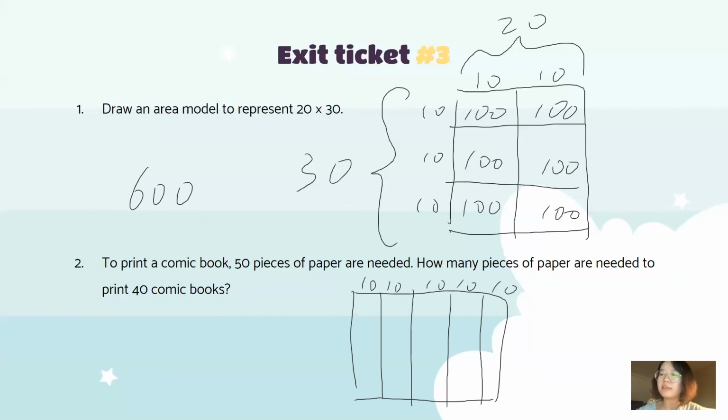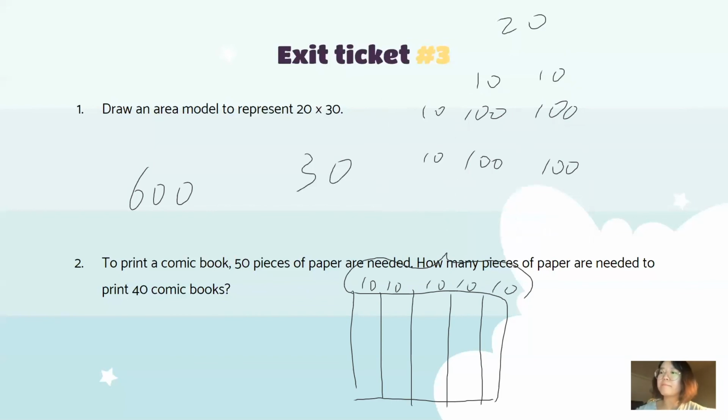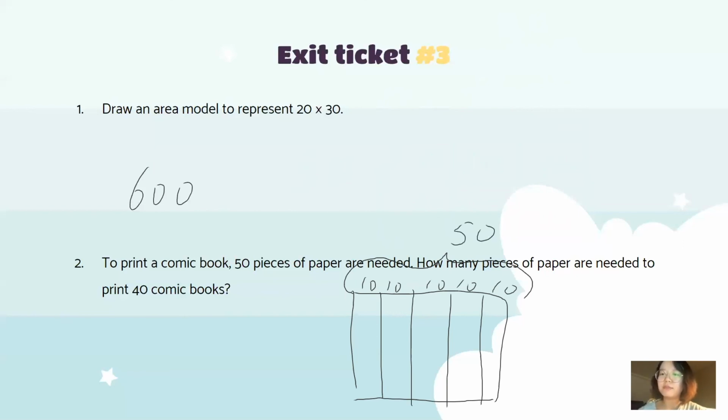Let me erase the top one. The top is 50. And each side is 10, and this side represents 40.